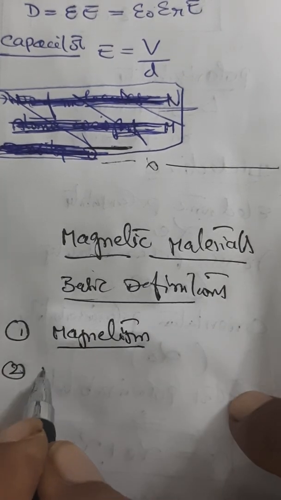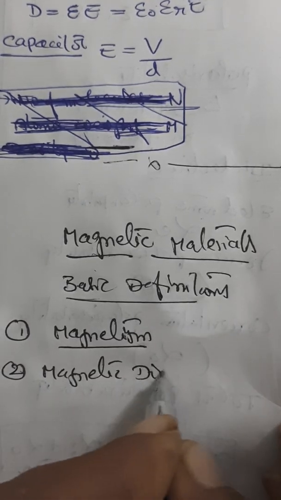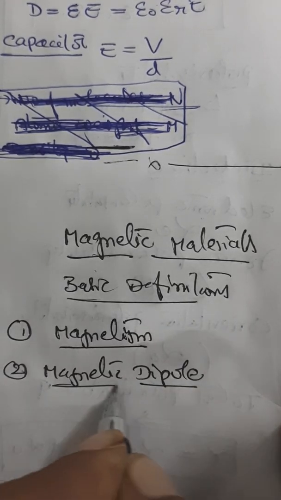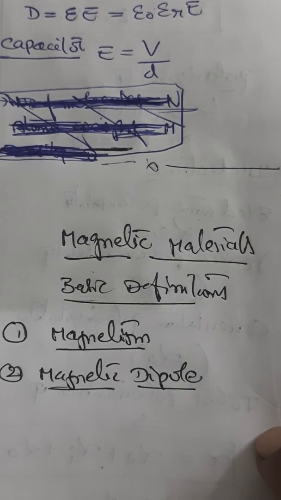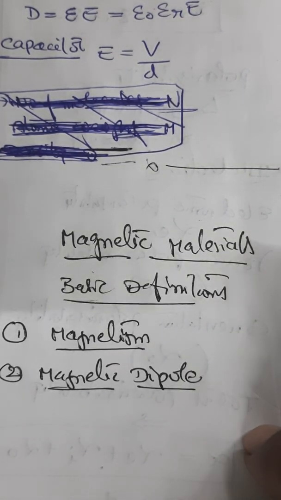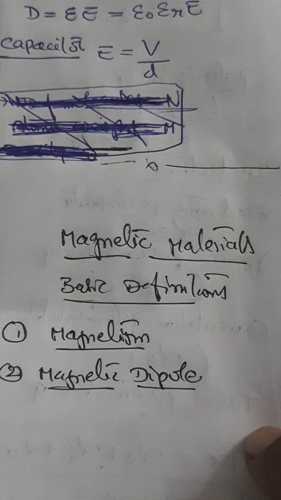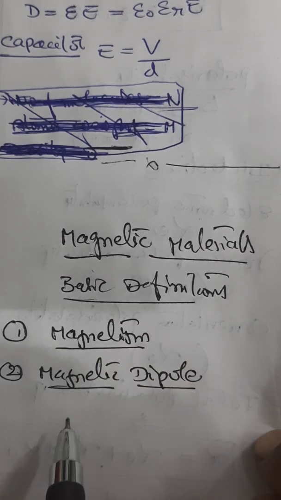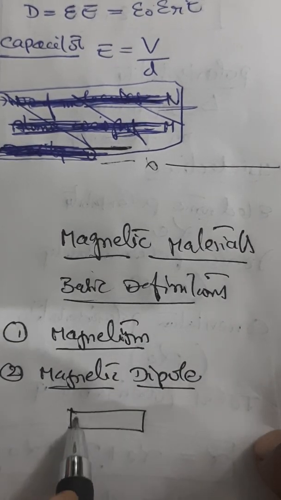The second one is something called the magnetic dipole. Like an electric dipole, you have here a magnetic dipole. In an electric dipole, you have charges. In a magnetic dipole, you have poles. We all know that a magnet consists of north and south poles like this.